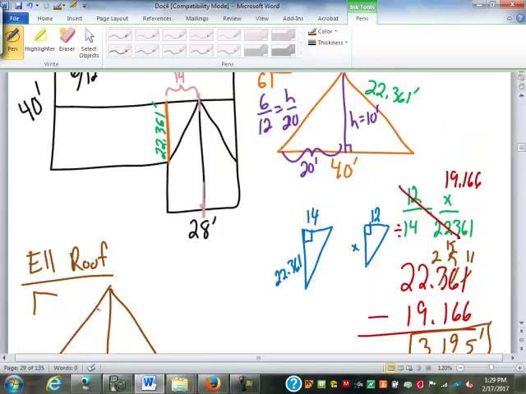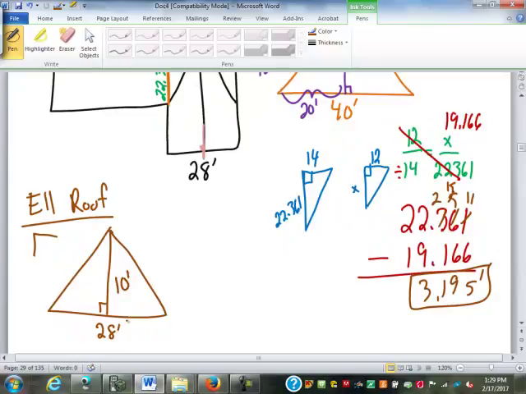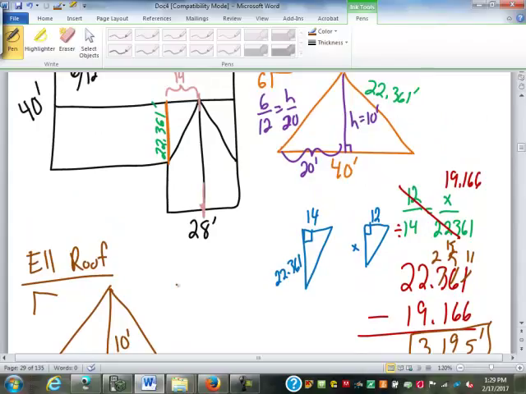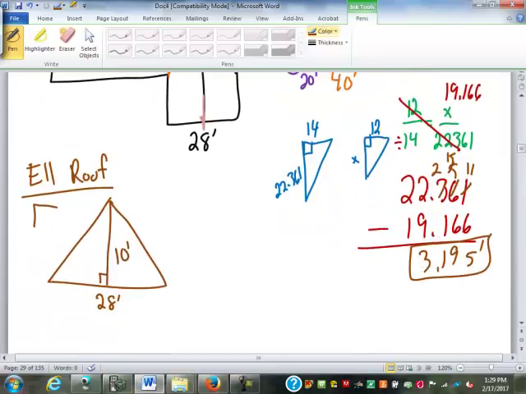We know that the height is 10 feet. How do we know the height is 10 feet? Because we already had it over here, the main roof. So we are looking only at the 14-foot run.